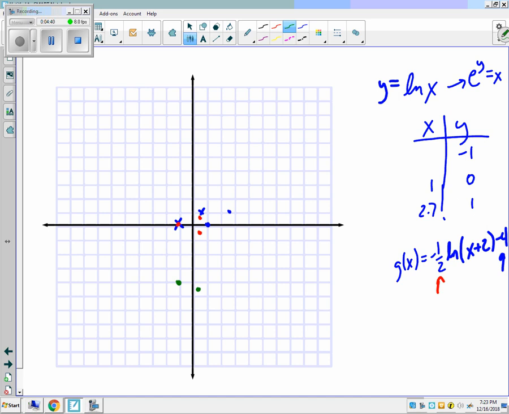Our question is, which way is this thing supposed to be going now? Up, down? Where's the asymptote? -4? Remember, everything switches between exponentials and logarithms.